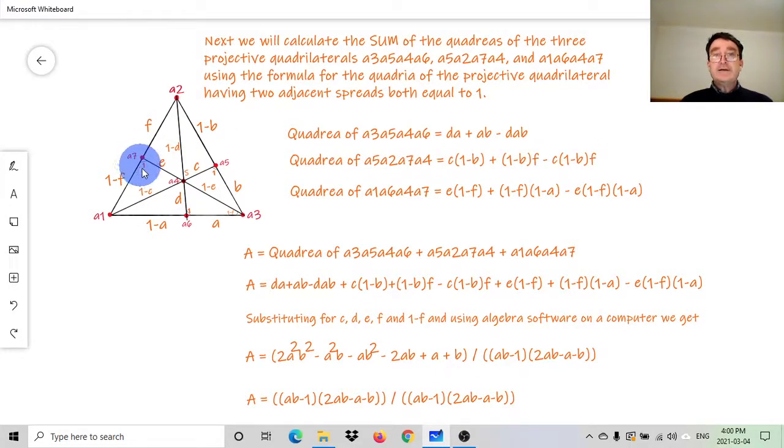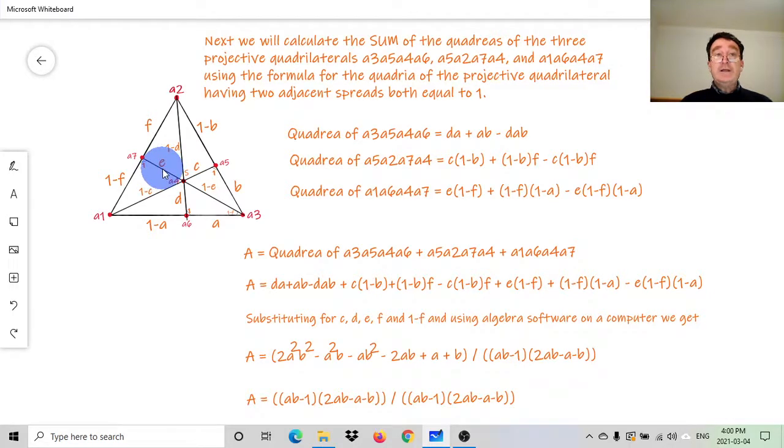And lastly, we have the quadrilateral A1, A6, A4, A7, and this also has spread here equal to 1, so there's two adjacent spreads equal to 1, so we use that same formula.